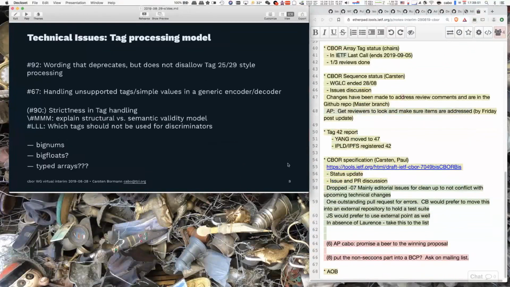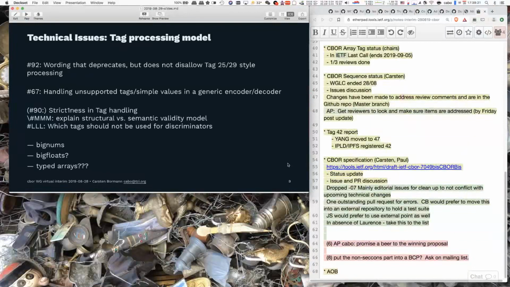Okay, the tag processing model. Peter Oxfield, I have no idea how to say his last name, pointed out that we have these weird tags 25 and 29 that really need to be processed during decoding.